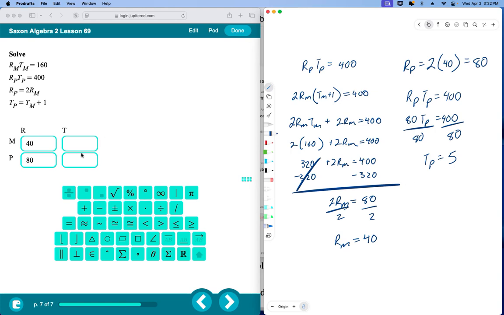So I can put that here, 5. And it tells me that RM times TM is 160. RM times TM is 160. And RM is 40 times TM is equal to 160. Divide both sides by 40. TM is equal to 4.